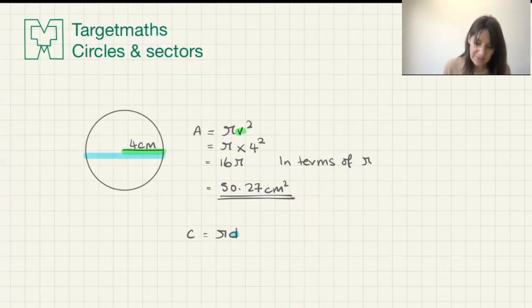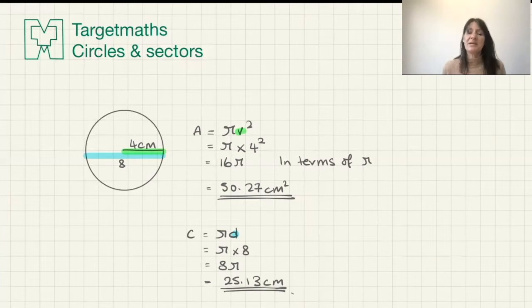So I need to double that radius to get the diameter. So it's going to be pi times 8, which is 8 pi, if I'm going to leave my answer in terms of pi, or all the way through in the calculator, and I've got 25.13, and that is to 2 decimal places.